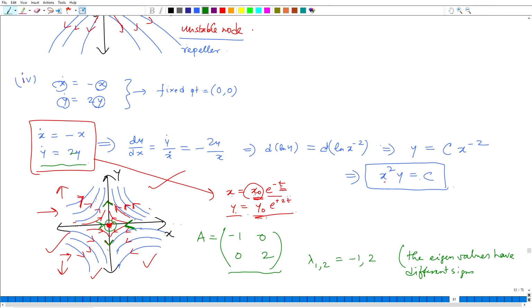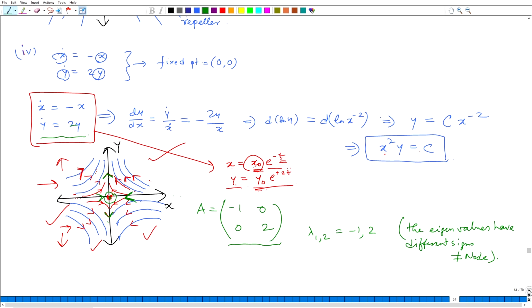So, this is not a node. Okay. But also you will see that you cannot decide whether this is an attractor or a repeller, because with respect to the x axis this is an attractor, and with respect to y this is a repeller, and such a mixed case is known as a saddle point. So, here the fixed point is known as a saddle point.